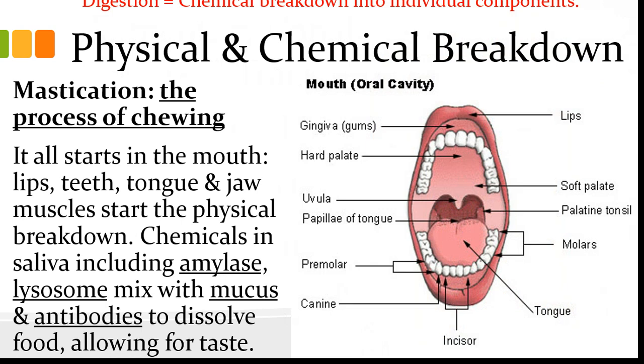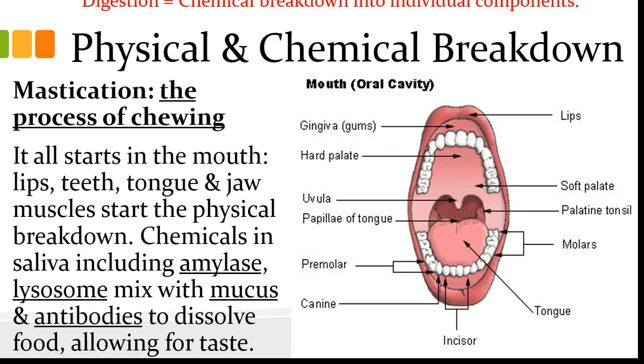Lips, teeth, tongue, and jaw muscles start the physical breakdown, and then chemicals in our saliva, including amylase and lysozyme, mix with mucus and antibodies to dissolve food, allowing for taste. So we know a little bit about the mucus and antibodies from our last module. Isn't that correct? Remember, if anything's coming into our body from the outside, we need to have some method to keep it from getting us sick, right?